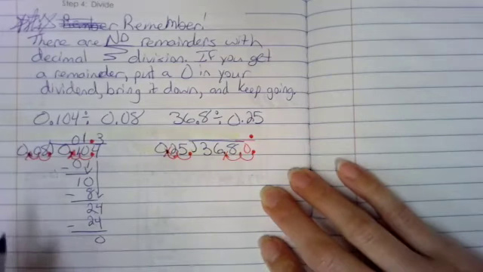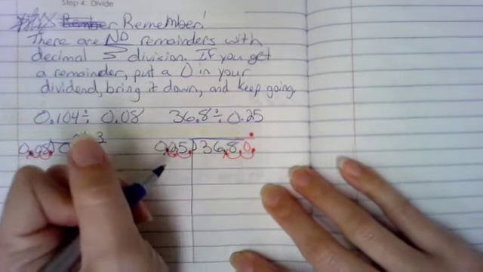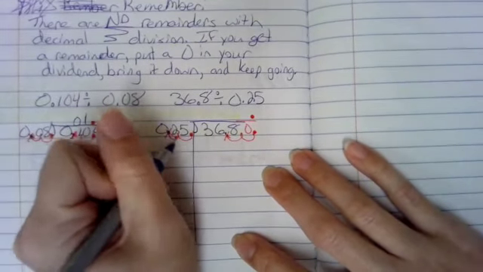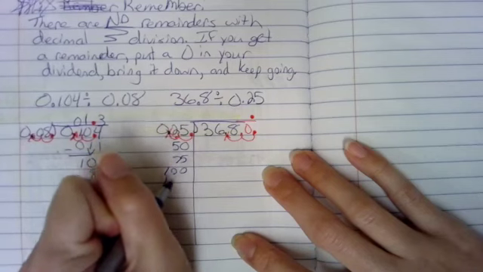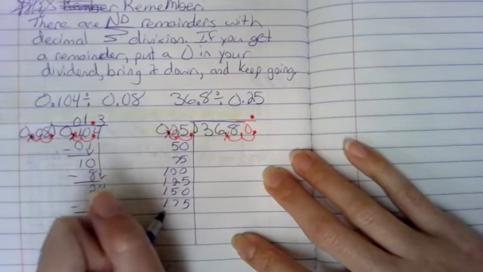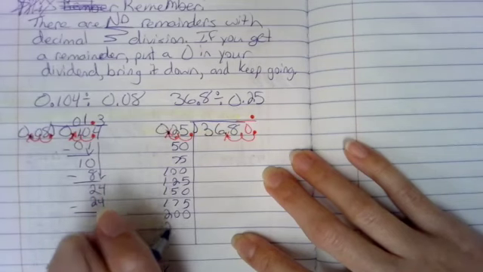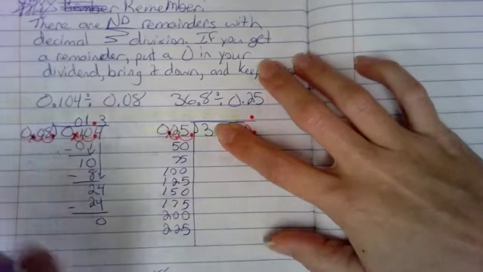Now we divide like normal. Since this is a 2-digit divisor, I'm going to list our multiples, even though we should be able to count quarters. 25, 50, 75, 100, 125, 150, 175, 200, 225.